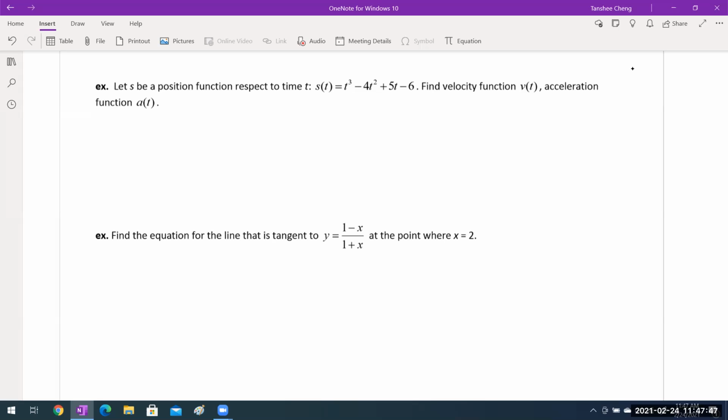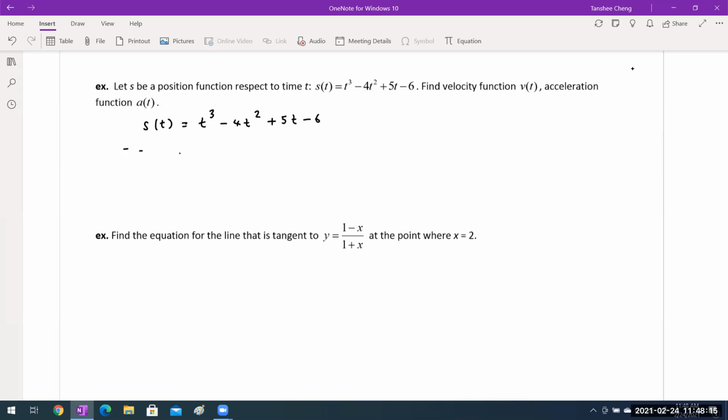So our position function, s of t, is t to the third power minus 4t to the second power plus 5t minus 6. So this time we're going to be taking derivative with respect to the time, t. So my velocity function is basically what? Taking derivative of the position function.